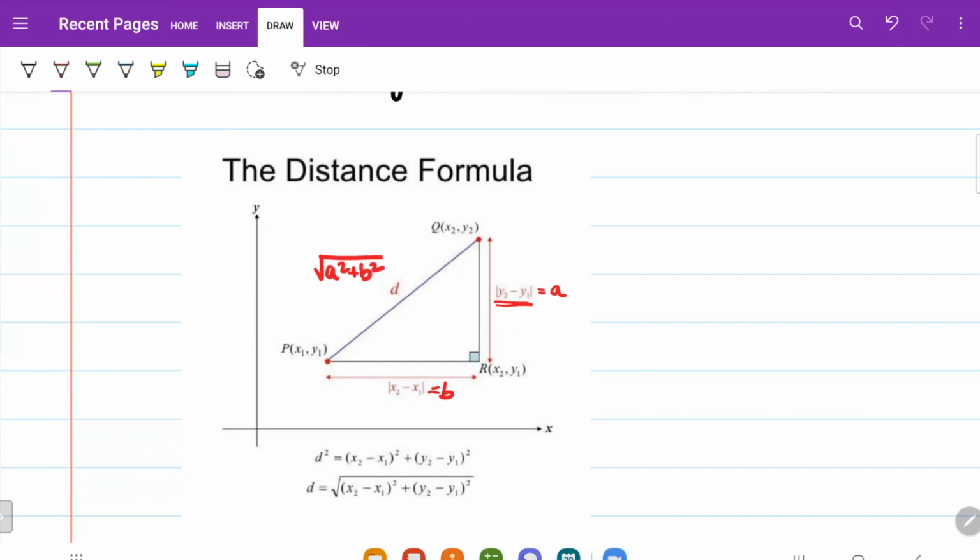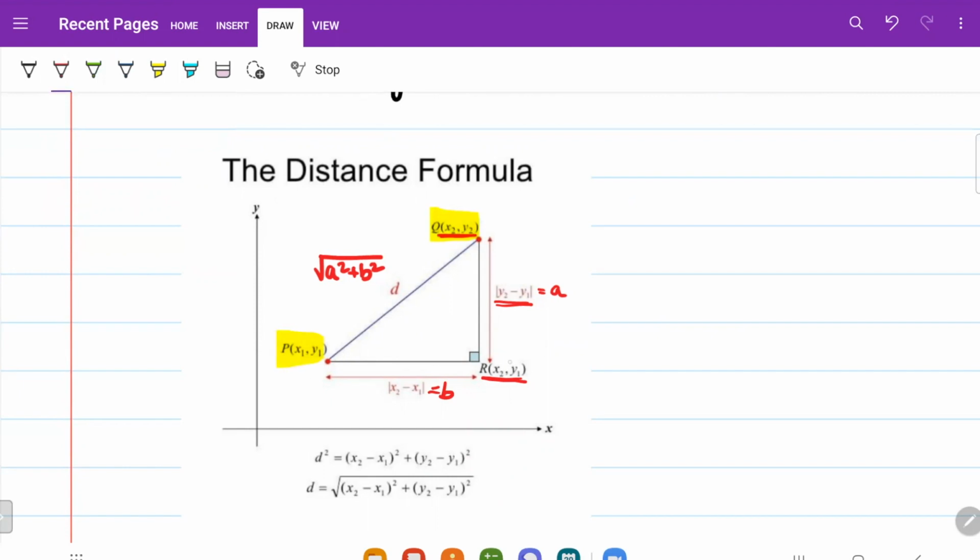If you look here more closely, this point here is denoted as x2 comma y2, and this point here is denoted as x2 comma y1.